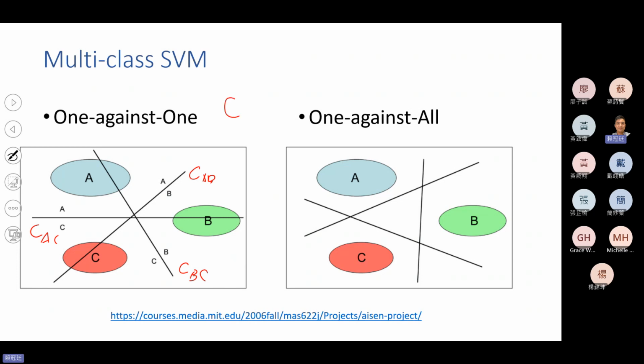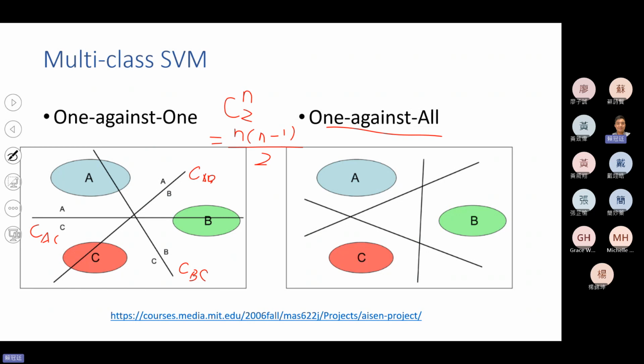Anyway, for n classes, we need to find C(n,2) classifiers. This formula means n multiplied by n minus 1, divided by 2. So you need a classifier for every pair of the classes. For 3 classes, the number is 3 multiplied by 2 divided by 2, so it's 3. The other way is 1 against the rest, which is what we did in the previous class.